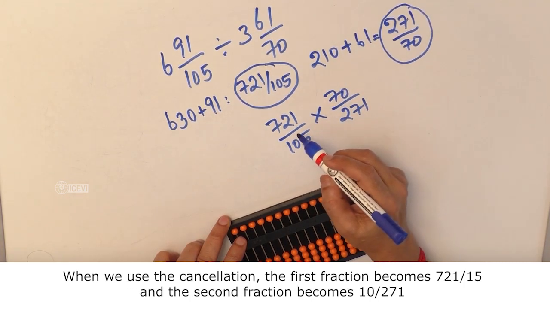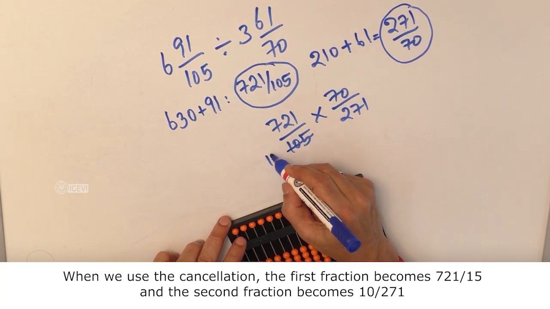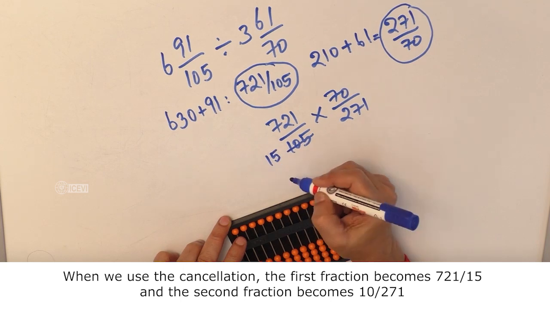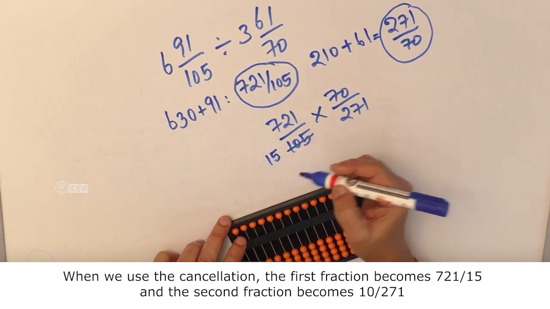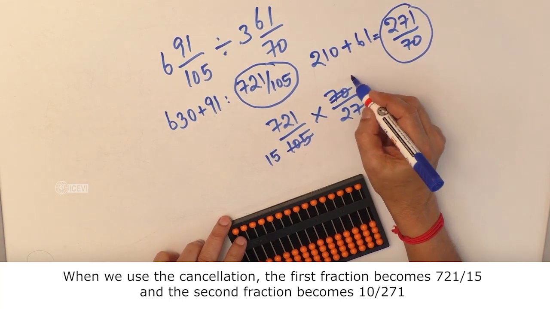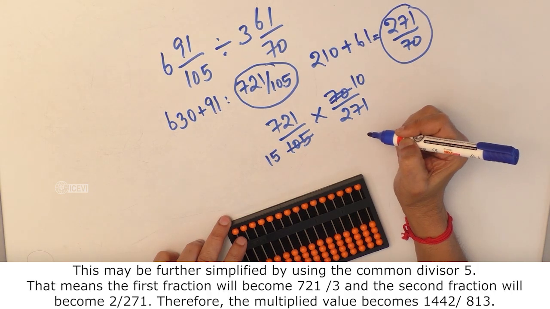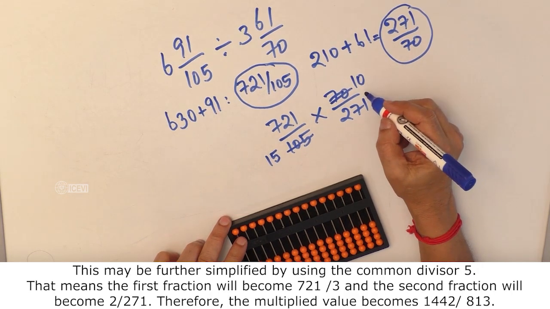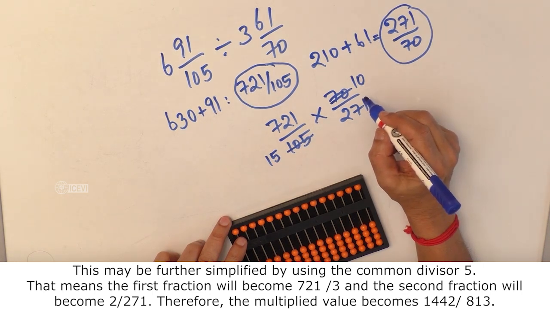When we use the cancellation, the first fraction becomes 721 by 15 and the second fraction becomes 10 by 271. This may be further simplified by using the common divisor 5.